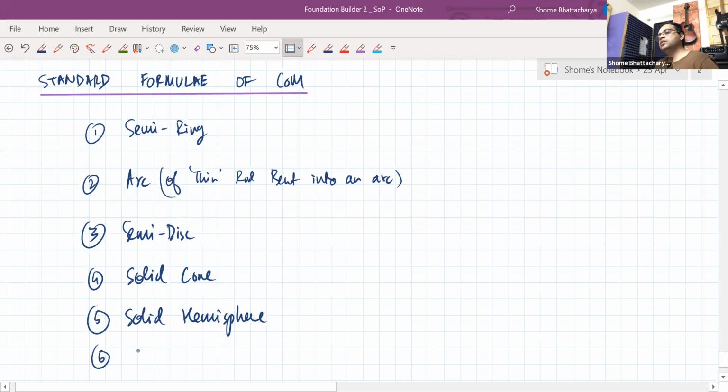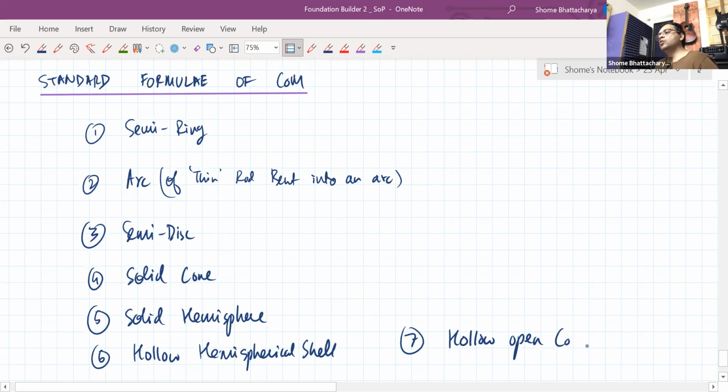And the last one we did today, hollow hemispherical shell. And one more which you try yourself, and we'll discuss in the next class, hollow open cone.